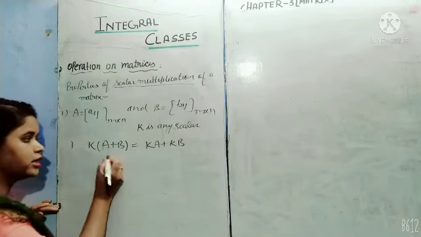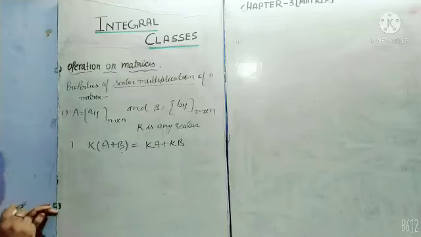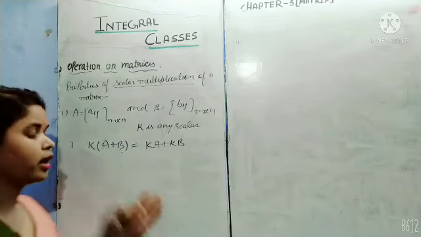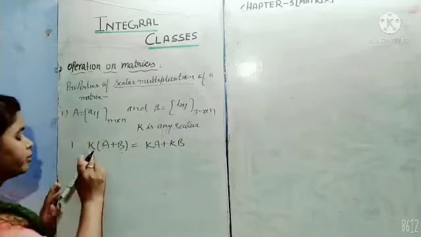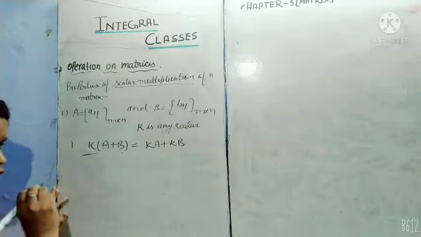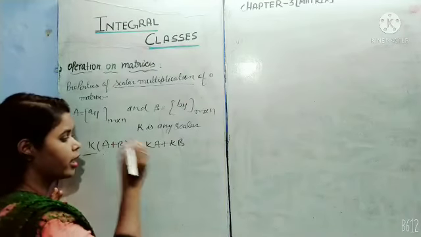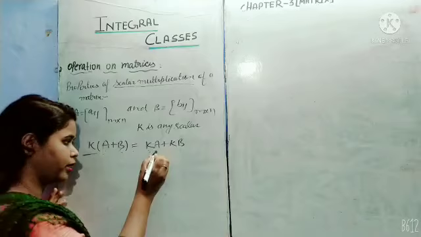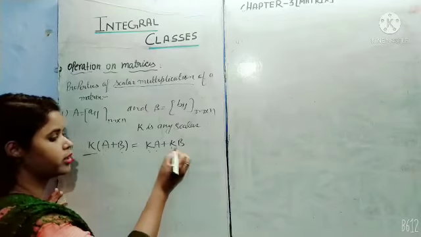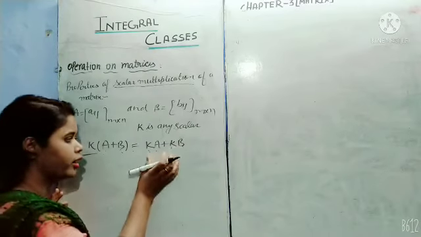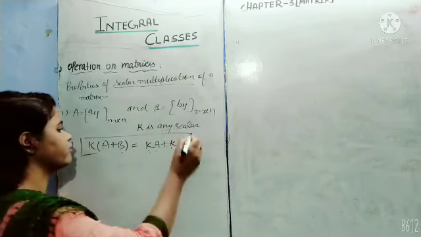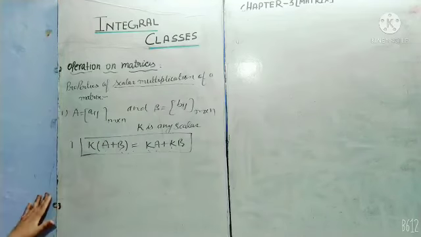Suppose we consider two matrices A and B. First we add them, and after adding them, we multiply by a constant value. It is equal to first multiplying the scalar K with matrix A, and K also with B, then adding them. So in both conditions we get the same result.